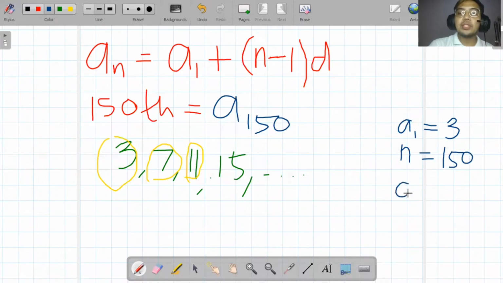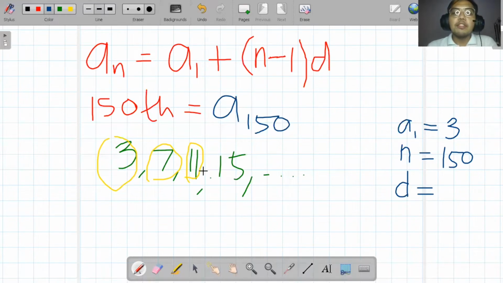Your d, which is the common difference, how much is it? Remember the discussion for our common difference. We have to subtract third minus second, second minus first, or fourth minus third. You have to subtract the latter term minus the previous term.